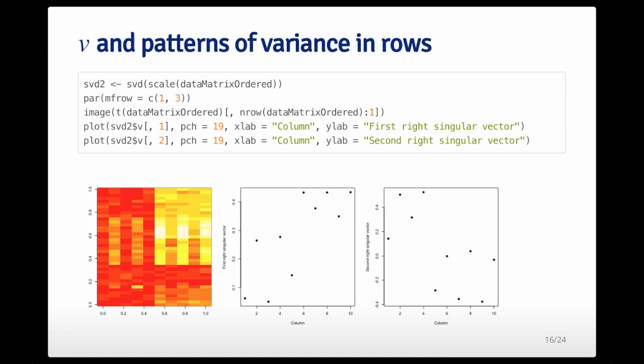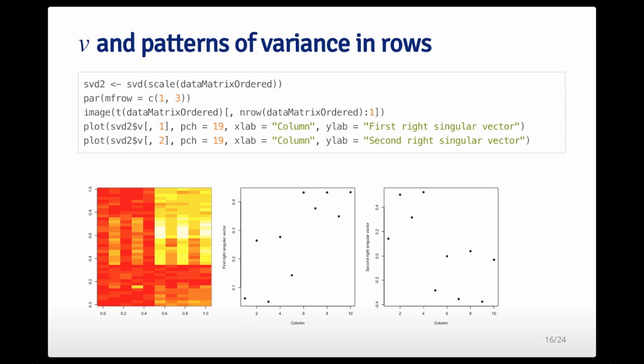It's not as pretty as the truth was, but it's somewhat discernible that there are 2 different means here. The second right singular vector is on the right-hand panel, and it's a little bit harder to see, but it does try to pick up the alternating mean pattern. It's not as obvious as when we were plotting the truth, of course, but you can see that every other point is either higher or lower.